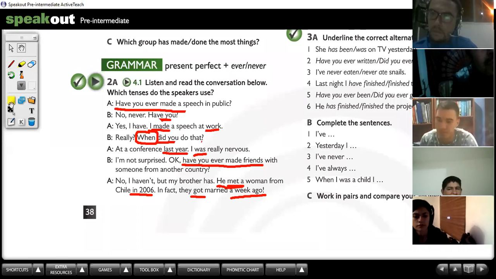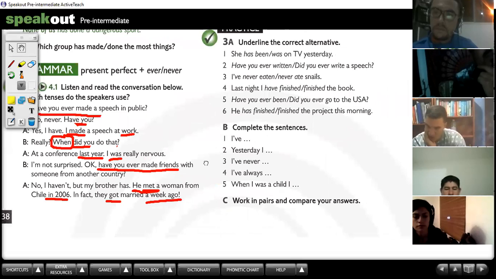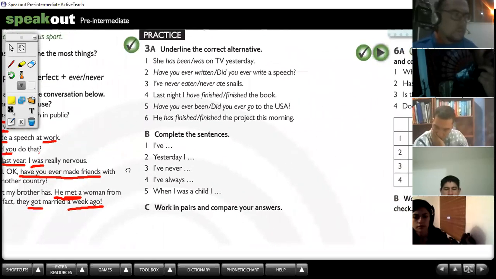But when I want to give details of my experience, such as the place, when it was, or what exactly happened, I need to use the past simple because I am talking about a specific time in the past, right? This is what you are studying in Unit 3B.